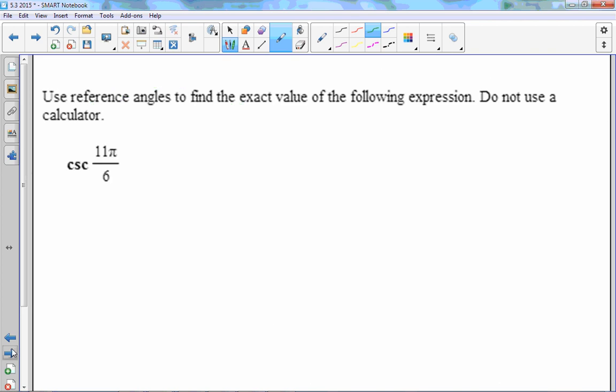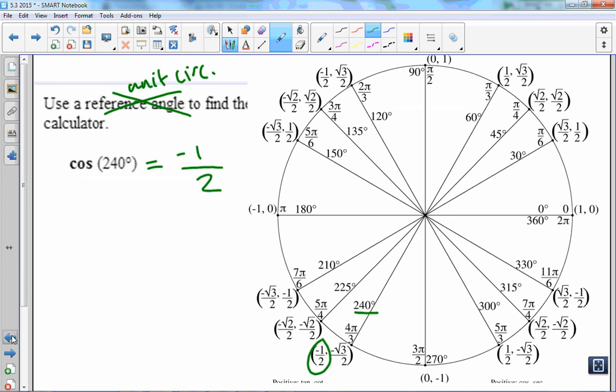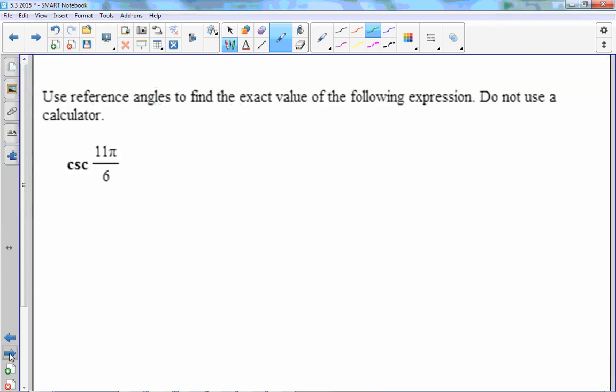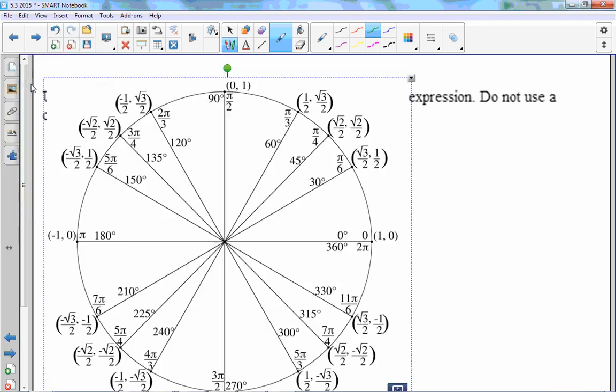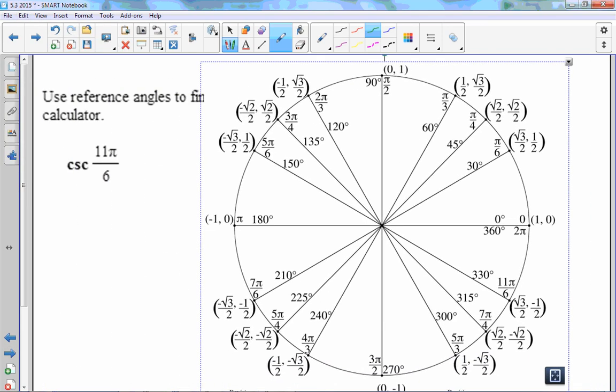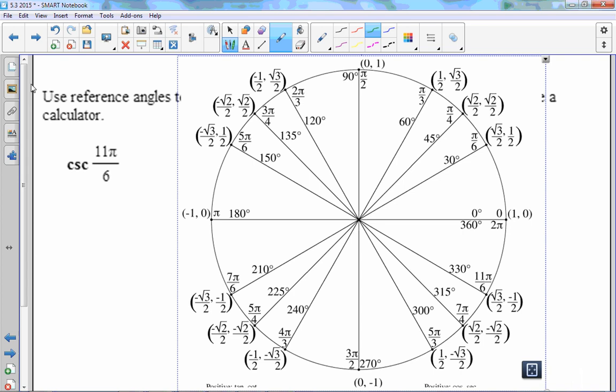Okay. Cosecant, hang on, let me get this copied. Okay. Copy. Paste. All right. So this one says cosecant of 11 pi over 6. So we'll go to 11 pi over 6.